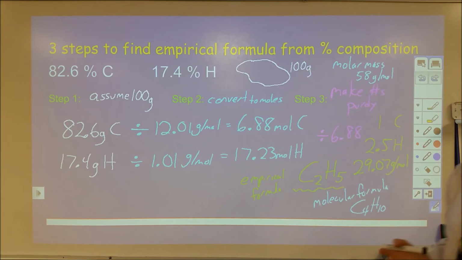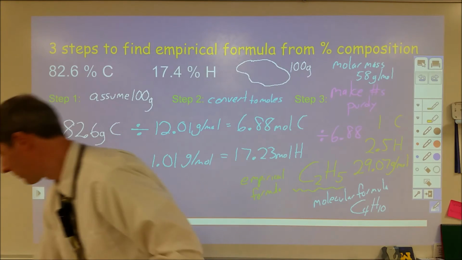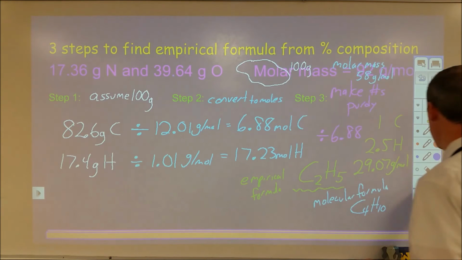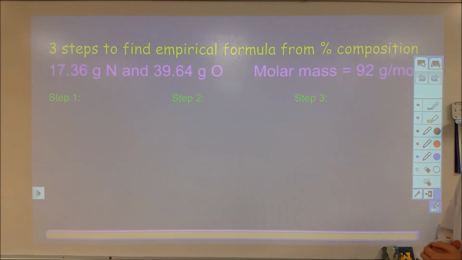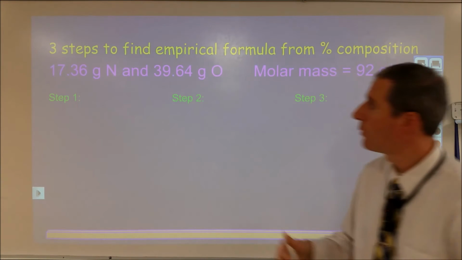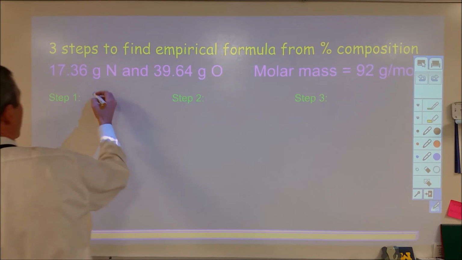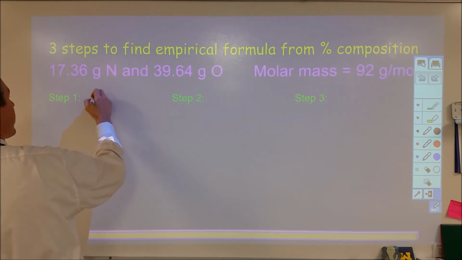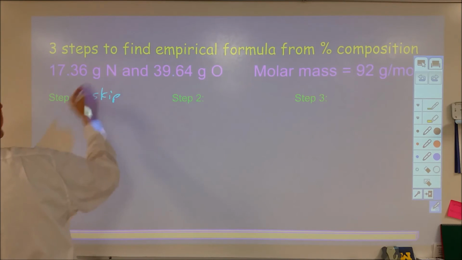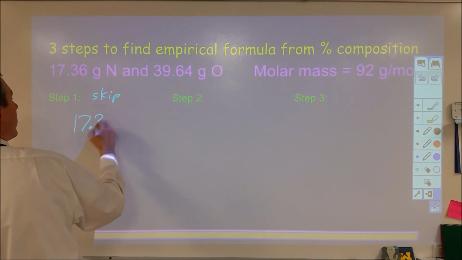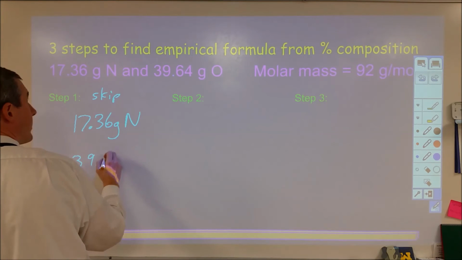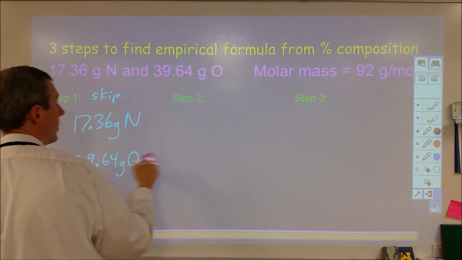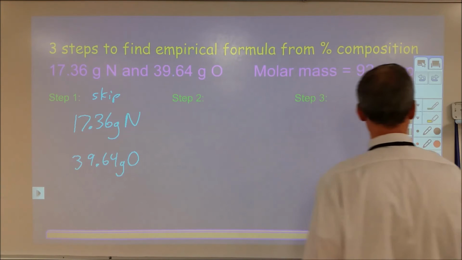Let's take a look at a second problem to kind of go through that again. So here we have grams of nitrogen, grams of oxygen. So we can skip over our first step, assuming 100 grams. We can skip because we're already in that point. So we have 17.36 grams of nitrogen and 39.64 grams of oxygen. So we're going to go right to step 2.